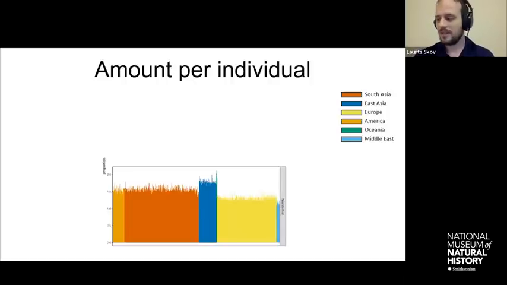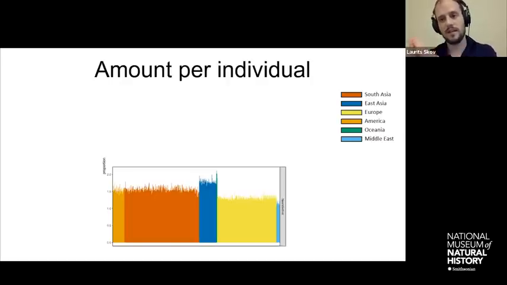So now let's just look at how much DNA there is in different groups in the world. So here I'm showing you just a bar plot of how much Neanderthal there is. Every little line is an individual, and I color them by where they're from in the world. So you can see that for Neanderthal, the most Neanderthal sequence is found in Oceania.